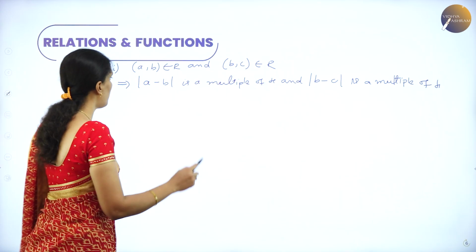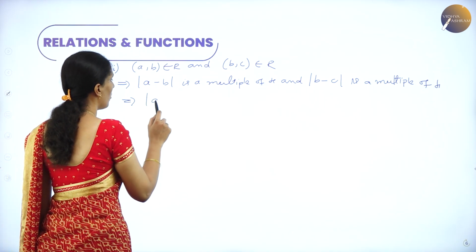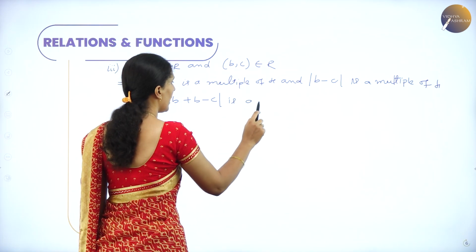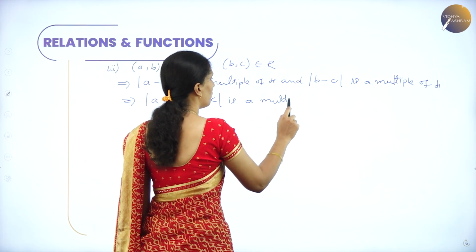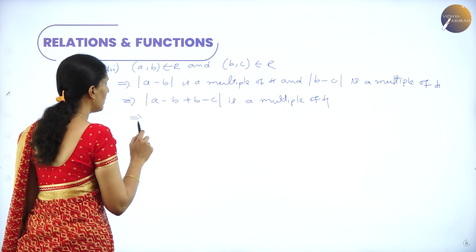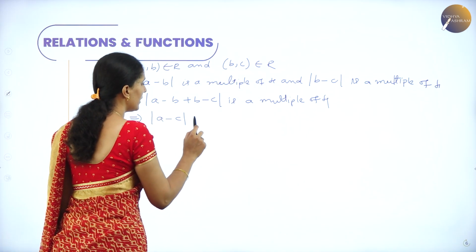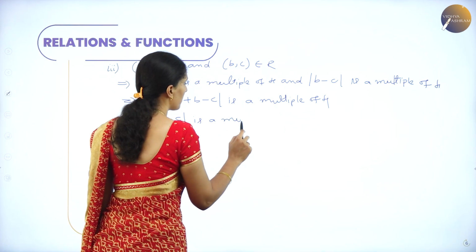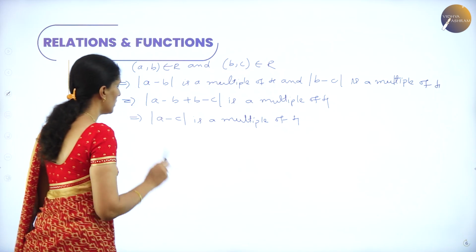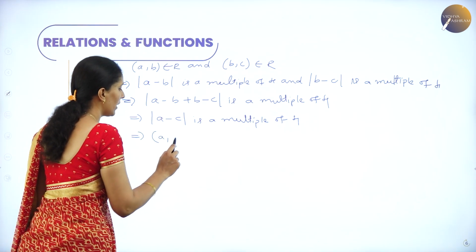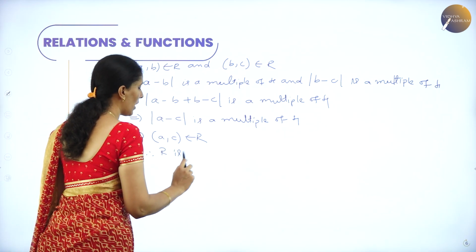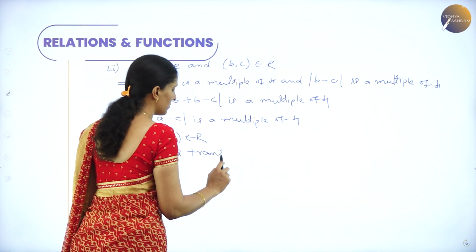If these two hold, then I can write it in the form of A minus B plus B minus C is a multiple of 4. So hence I can conclude mod A minus C is a multiple of 4. So therefore, A comma C belongs to R. So therefore we can conclude R is transitive.